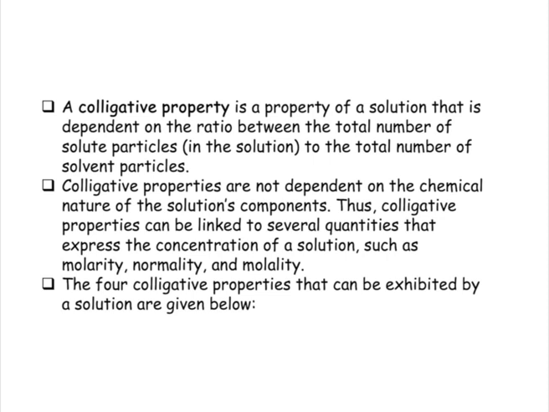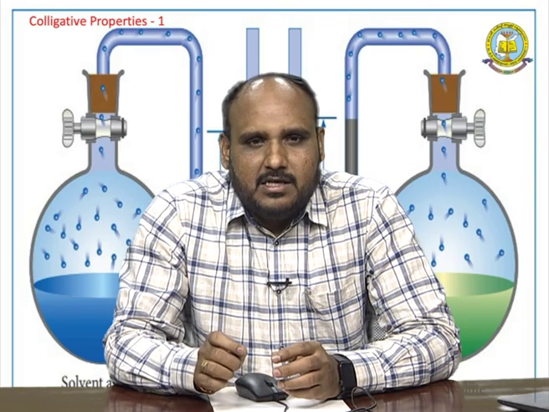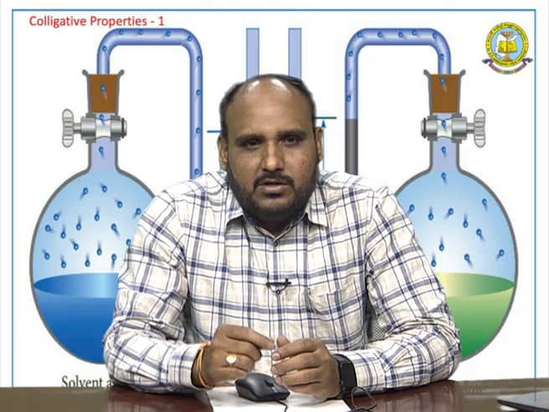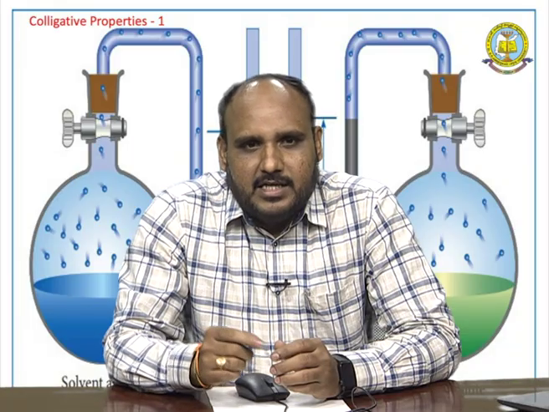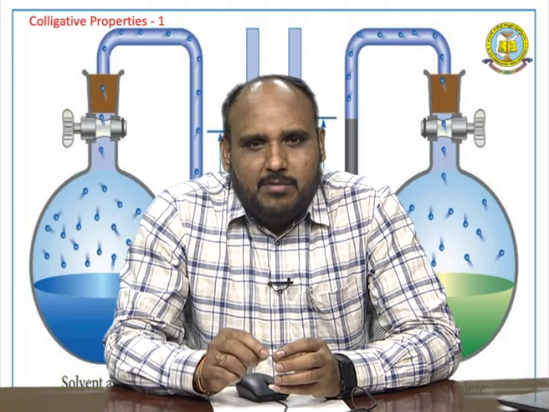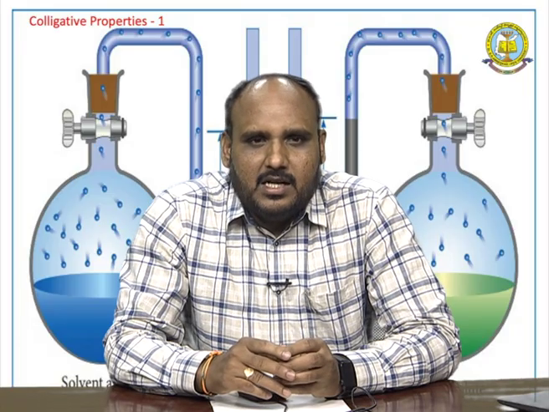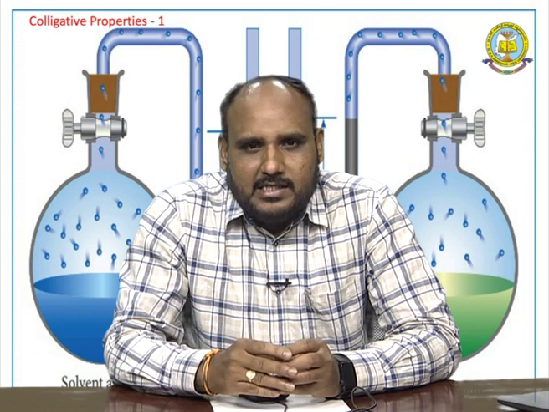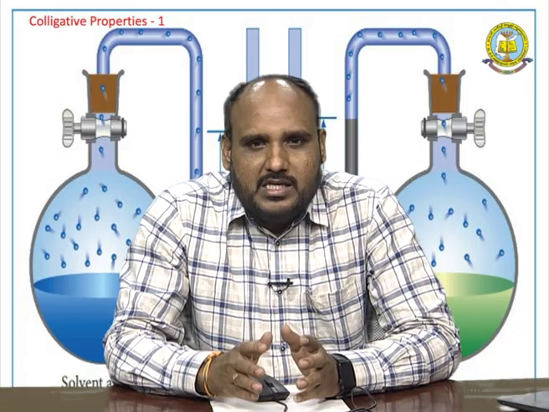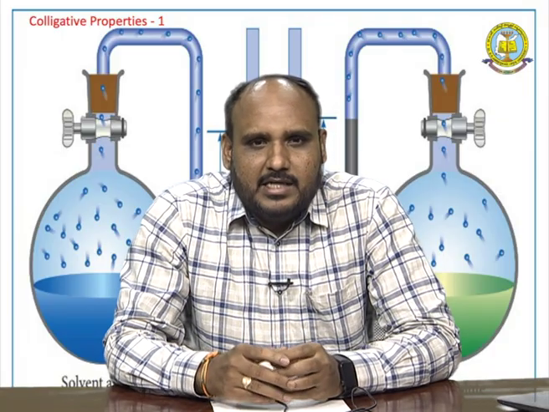Thus, colligative properties can be linked to several quantities that express the concentration of a solution, such as molarity, normality and molality. What is molarity? It is the number of moles of solute present in 1 liter of solution, denoted by M and defined as n by V. Normality is the number of gram equivalents of solute present in 1 liter of solution. Molality is the number of moles of solute dissolved in 1 kg of solvent, which is quite different from molarity and normality.